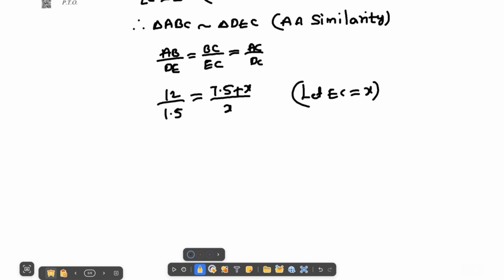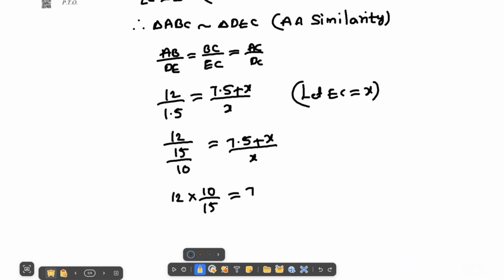So 12 by 1.5 can be written as 12 by 15 by 10 is equal to 7.5 plus X by X. So this 15 by 10 gets reversed, reciprocal. Now this will be 12 into 10 by 15 is equal to 7.5 plus X by X.